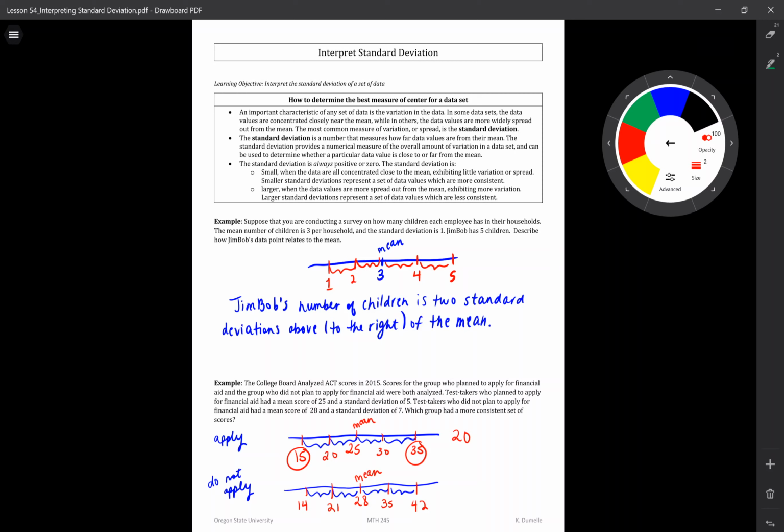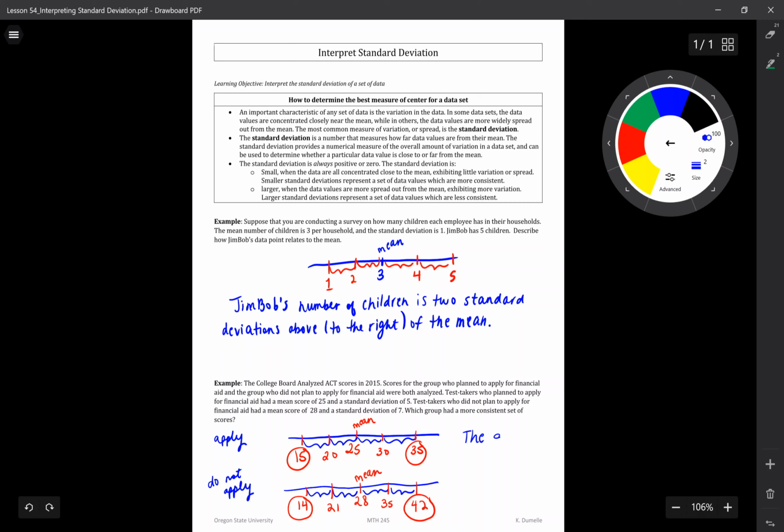For the group that does not plan to apply for financial aid, I have 14 here and 42 here. That is a difference of 28. So the spread for the second group is a lot larger if I look at the standard deviation. That means that the group that planned to apply for financial aid had more consistent scores.